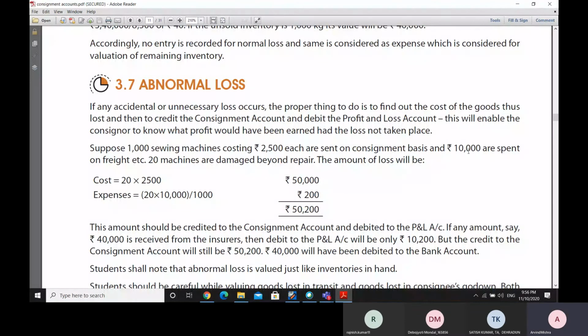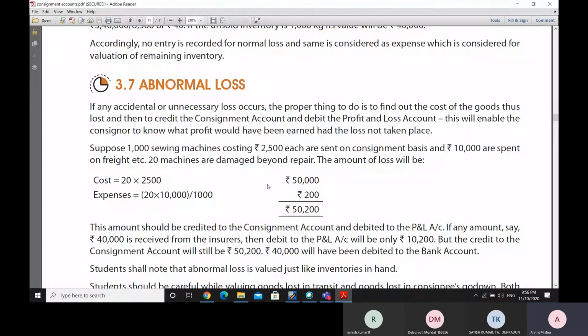And since we have incurred expenses of 10,000 rupees also, we will take a proportionate figure out of this 10,000 rupees, 20 upon 1,000, because out of the total 1,000 machines, 20 were damaged. So we will allocate this freight expenditure to the 20 machines by doing 20 upon 1,000 into 10,000. So we are taking 2% of 10,000 here, and that is 200 rupees.